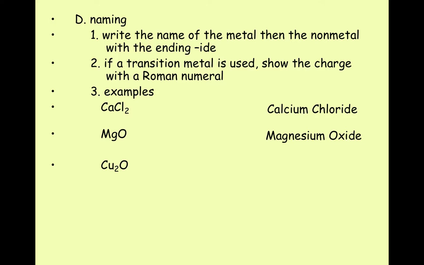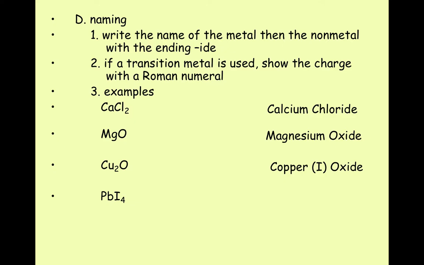So all of the anions have a total charge of -2. That means that the cation side has to have a total charge of +2. But there are 2 copper atoms, so we split up that +2 charge to the 2 copper atoms, and each copper would have a charge of +1. So the name is then copper-1 oxide.